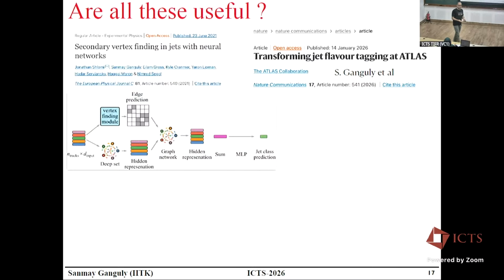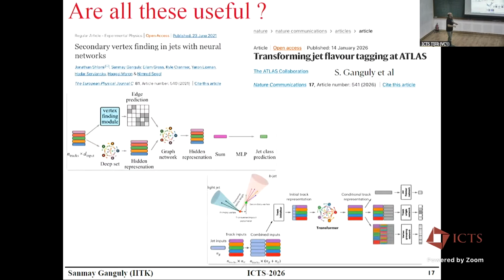This we can of course do in simulation, because in simulation we have all the truth information: what the secondary vertex was, which particle it came from, how much the displacement was, etc. So we tried training a neural network. This was 2021, and it became what is called GN1 and GN2 in ATLAS, the mainstream tagger inside ATLAS.